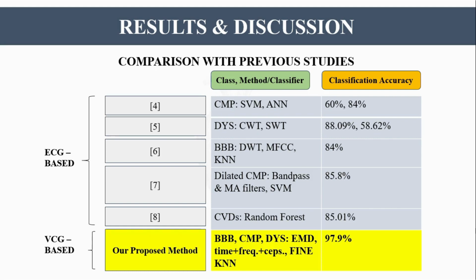Our method has achieved the highest classification accuracy of 97.9%, even with 4 classes under observation. However, ECG based methods, even with 1 class under observation, have achieved less classification accuracy, depicting a victory of the VCG based model over ECG based classification methods.